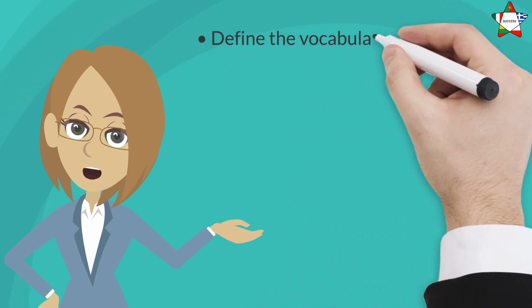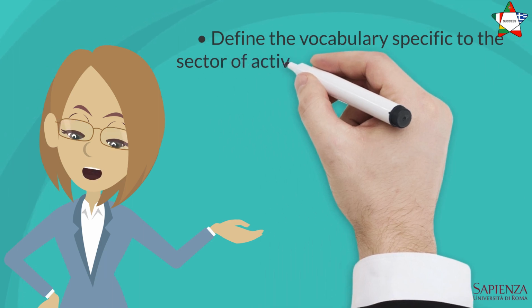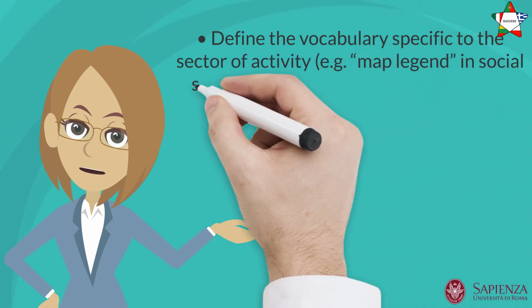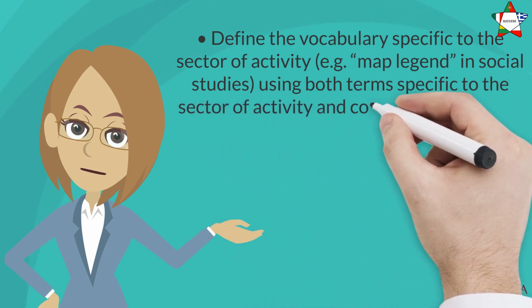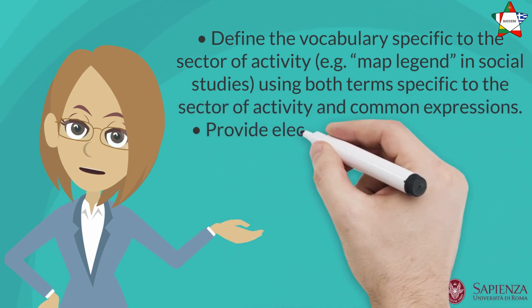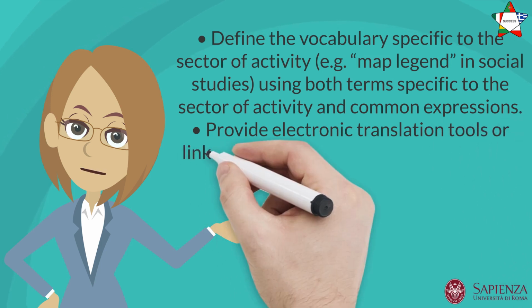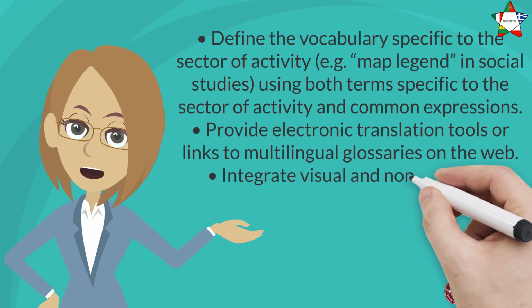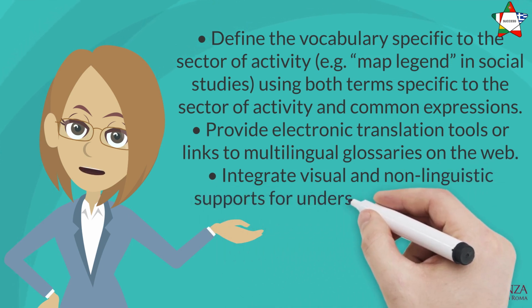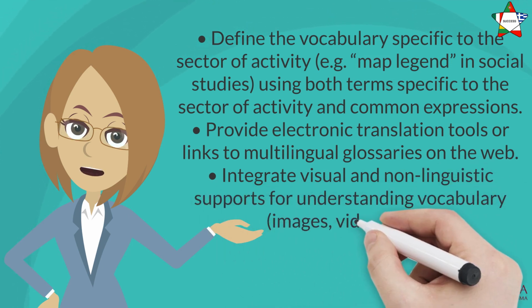Define the vocabulary specific to the sector of activity, e.g., map legend, in social studies, using both terms specific to the sector of activity and common expressions. Provide electronic translation tools or links to multilingual glossaries on the web. Integrate visual and non-linguistic supports for understanding vocabulary, images, videos, etc.